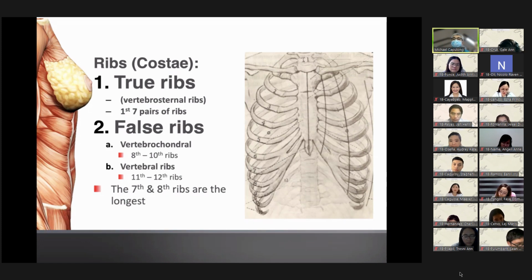Your first seven pairs of ribs connect to the sternum, not directly, of course, but through your cartilages, as you can see here. Whereas your false ribs are ribs 8 to 10, and your floating ribs are 11 to 12. Why false? Because they subsequently join first and then attach to the lowermost true rib or directly to the sternum.